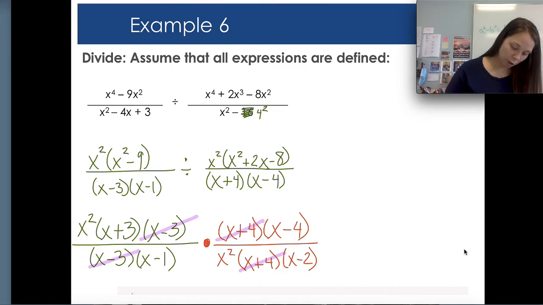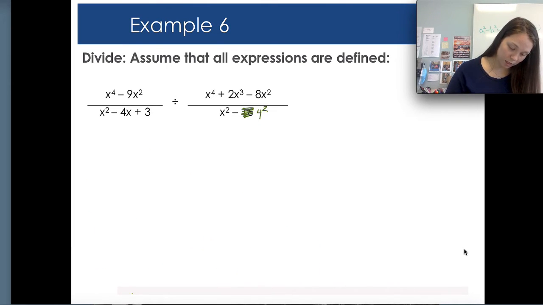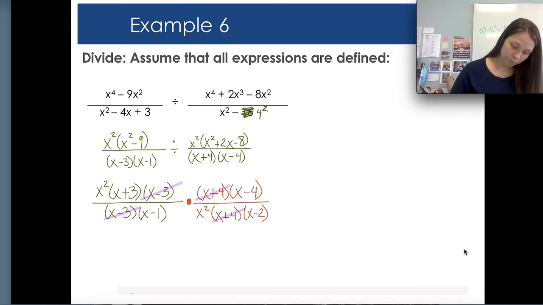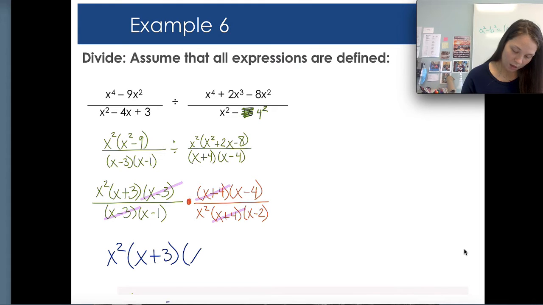I wrote a little bit too big, so I apologize, but I have to resize this just a touch. I'm going to be left with x squared, x plus 3, x minus 4 if I multiply all the remaining pieces in my numerator. The denominator, I'll be left with x minus 1, x squared, and x minus 2.